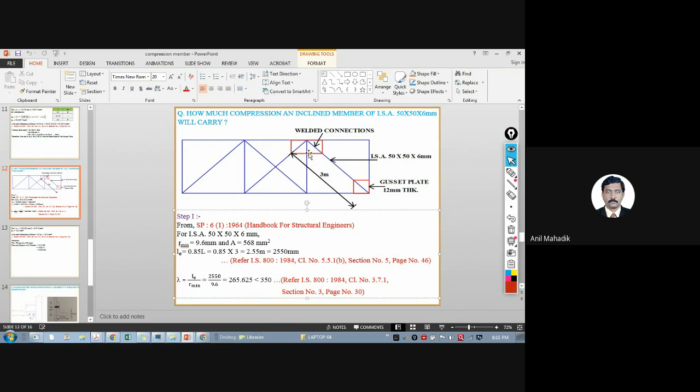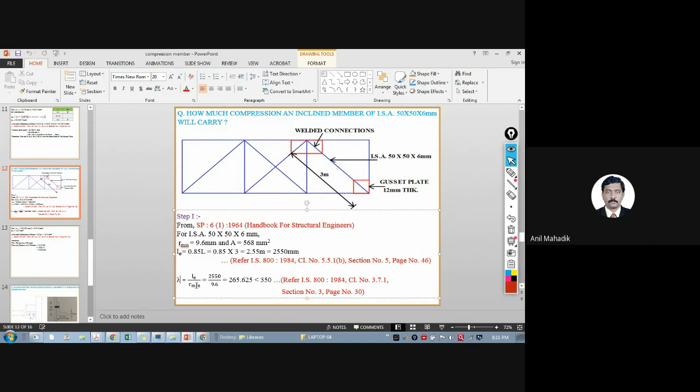We know that because this is not exactly hinged and this is also not exactly pinned. I know that we generally consider the trusses to be simple, only axial force members. That means two ends should be hinged, but we take that there is a partial fixity available most of the time, so we can take 0.85 L here.